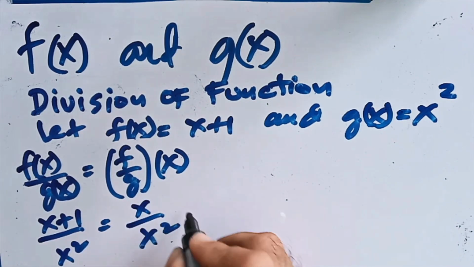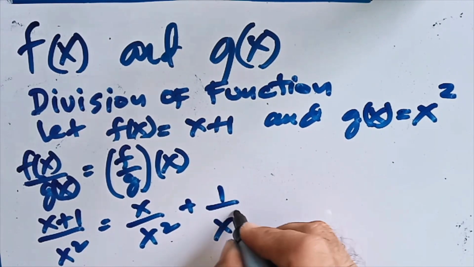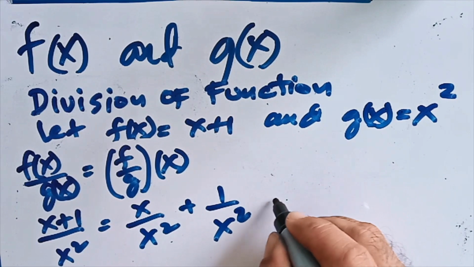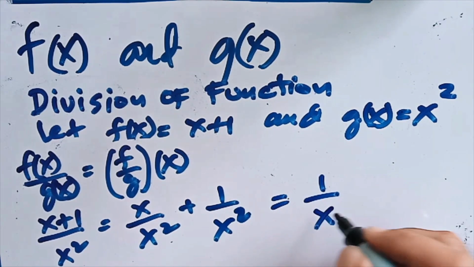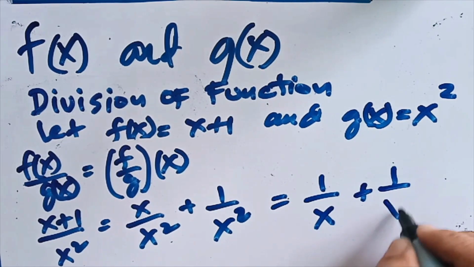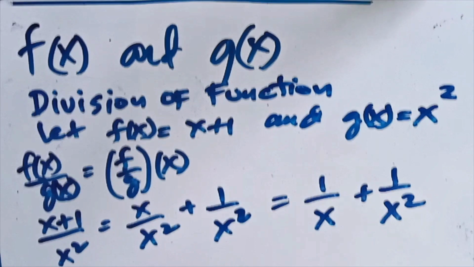Let us simplify the expression. We divide each term by x squared. Since the first term has a common factor, which is x, that will give you 1 over x plus 1 over x squared. So that is the quotient of f of x and g of x.